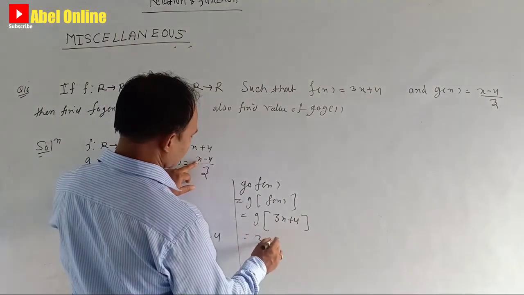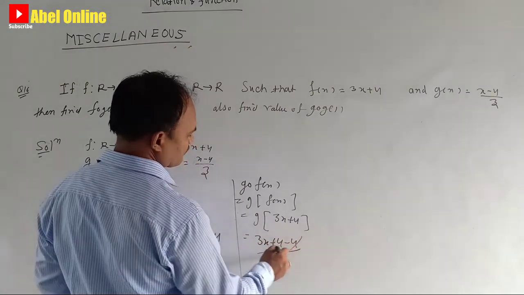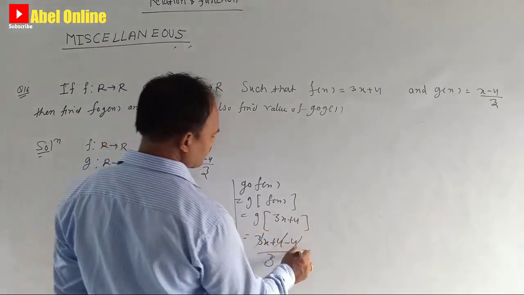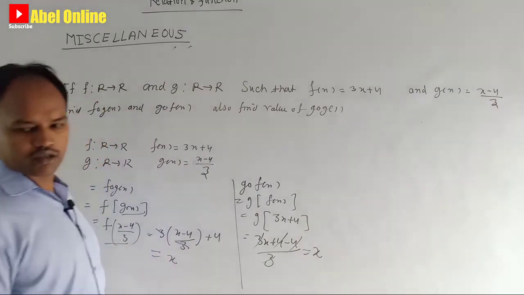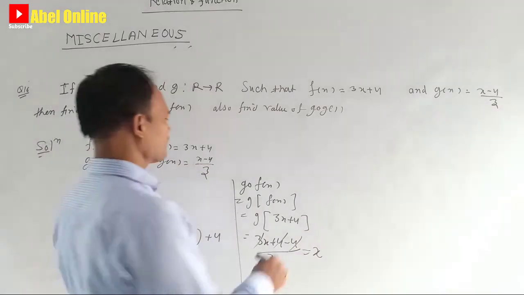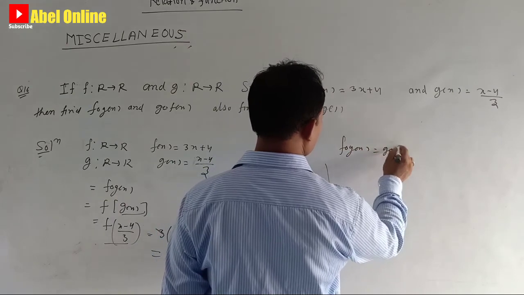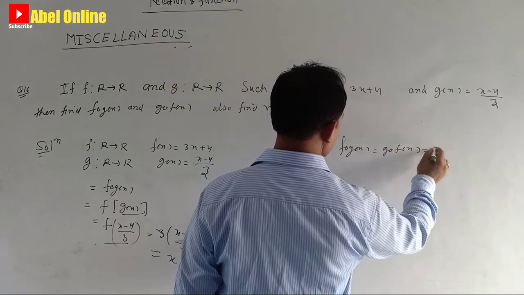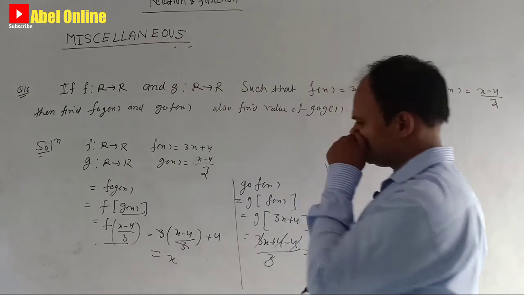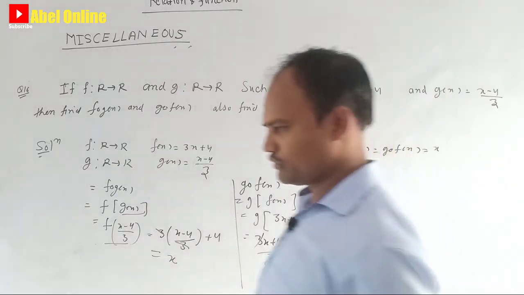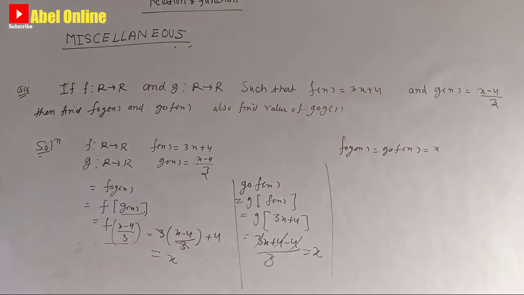So it is 3x plus 4 minus 4 by 3. The 4 is cancelled by 4, the 3 is cancelled by 3, so it is x. So fog x and gof x both equal x, and both are identical, the same. So both are equivalent functions.